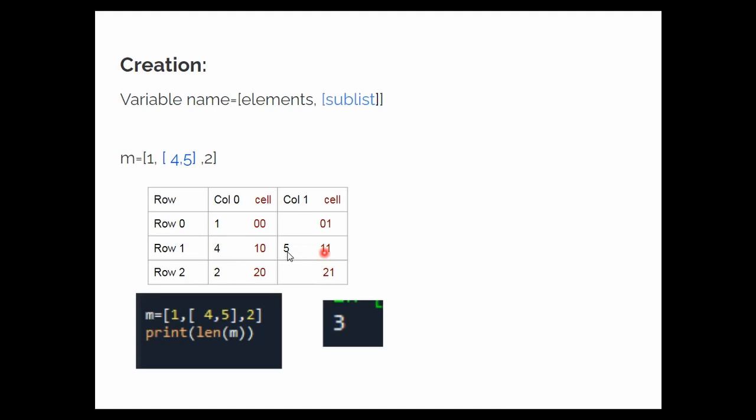In cell number 1 1, element number 5 is present. Now where will the third element be present? As this is a single element, not a sublist, it will be directly present in row number 2 and column number 0, where the element number 2 is stored.